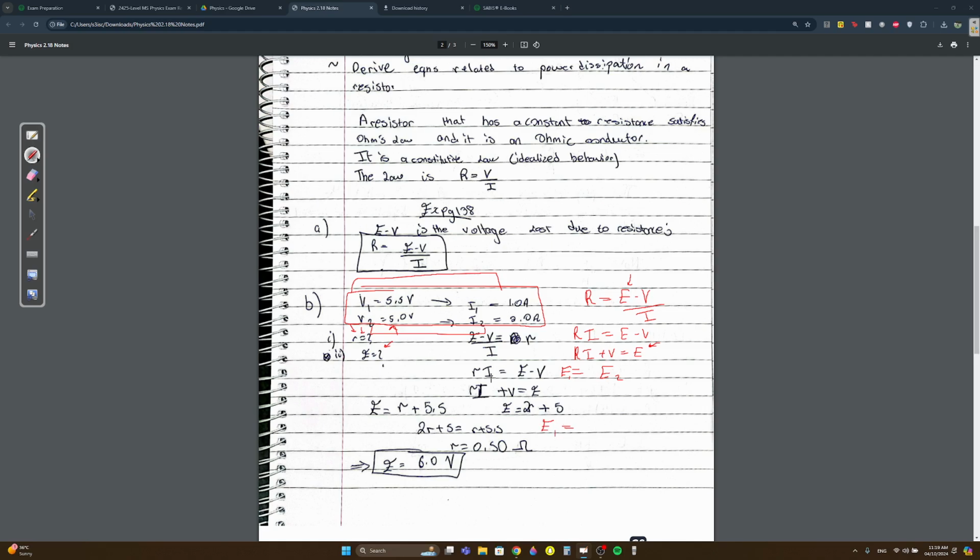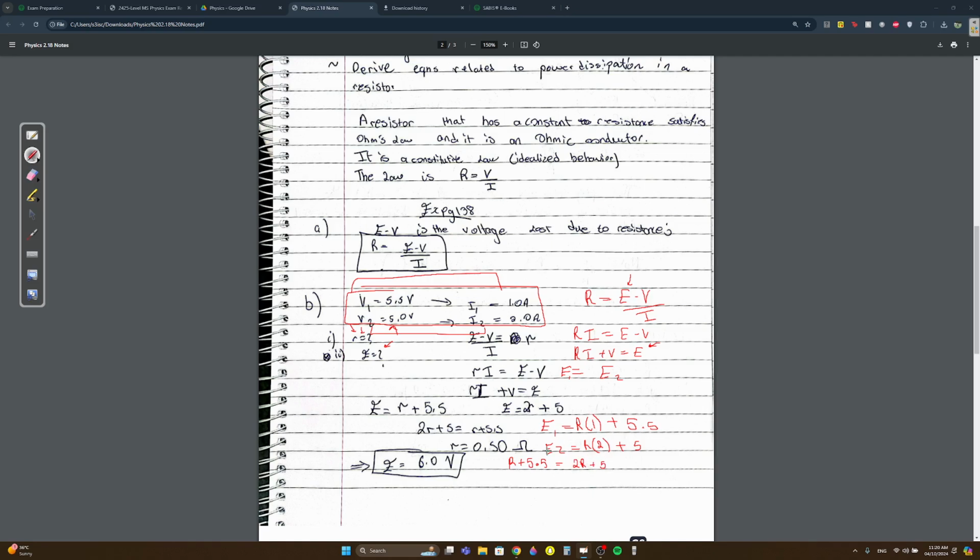E1 is equal to R, we don't know it, times the current I1, plus V, which is 5.5. E2 is equal to R, again we don't know it, times the current I2, plus V, which is 5. So you're going to get that this is equal to R plus 5.5, and this is equal to 2R plus 5.